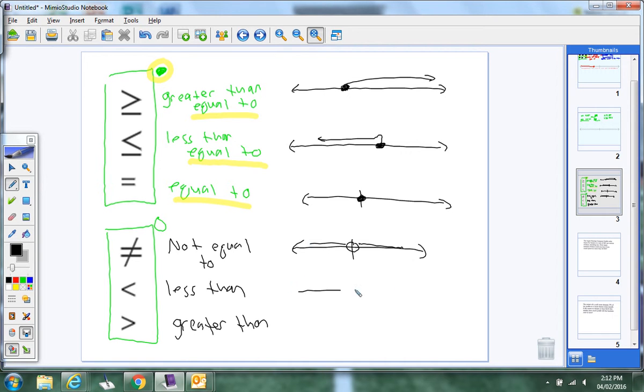Less than, open dot to the left. Greater than, open dot to the right. So then there's our setup for our symbols, the direction, solid versus open dot. A little quick refresher.